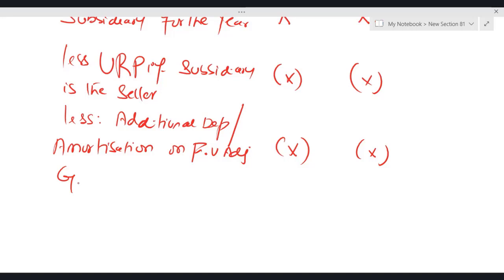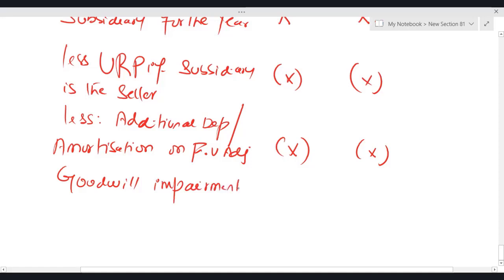And second, if there is any impairment loss in the current year. Goodwill impairment of current year, okay? It is only when full goodwill method.